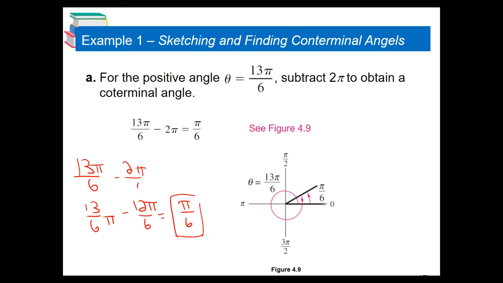So there is a coterminal angle, and pi over 6 is that one right there. This one is 13 pi over 6, this one is pi over 6, and those are coterminal. I could find another coterminal by subtracting another pi over 6, if I wanted to, that would then tell me this angle here.